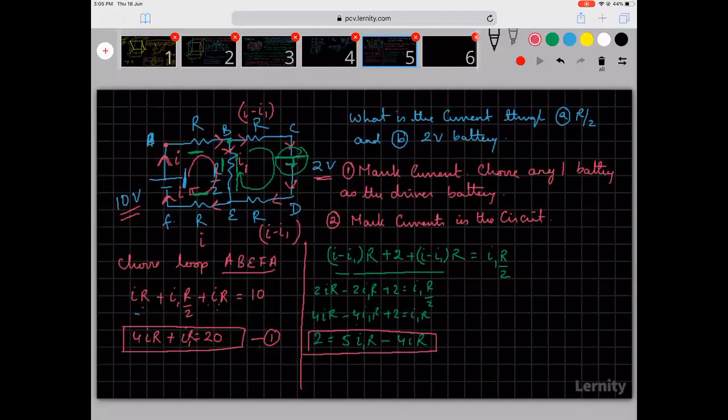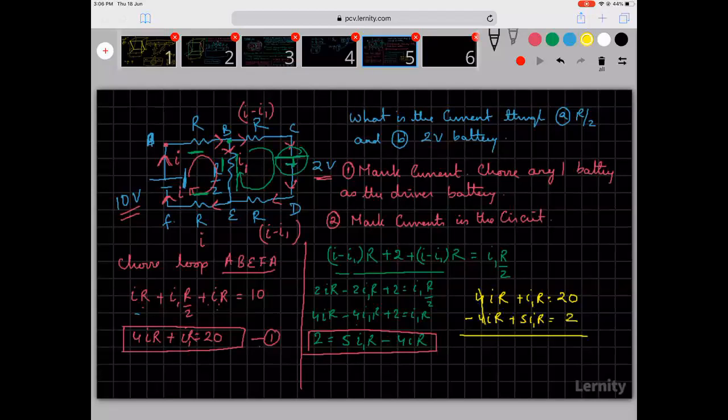I can solve these two simultaneously. So I'll get 4IR plus I1R is equal to 20. Then I have minus 4IR plus 5I1R is equal to 2. Now I will add them.